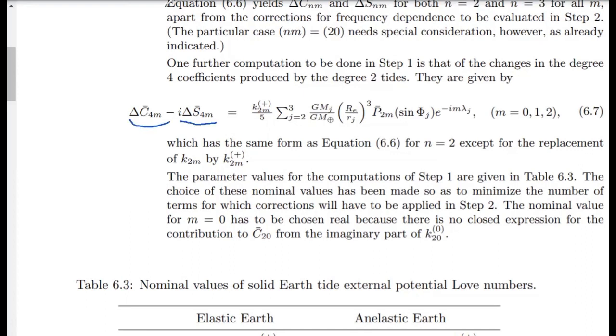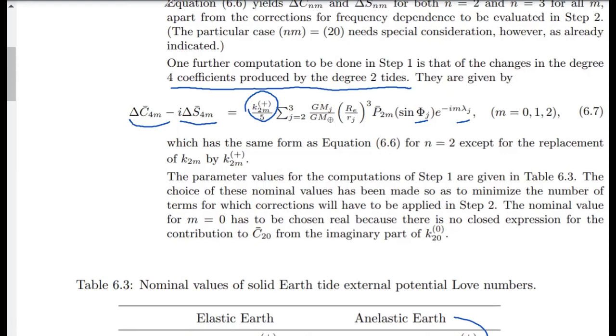And again, it depends on the position of the satellite, and it's very similar, but instead of k and M, we have k2 plus M. And the coefficients of the k2 are available here if you need it. This is the change in the degree 4 coefficient produced by the degree 2 tide.